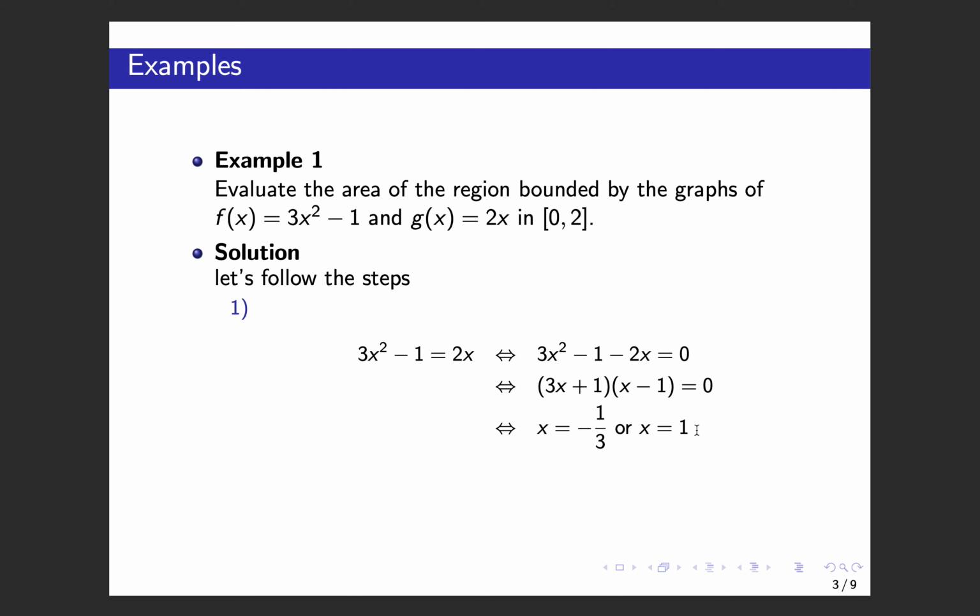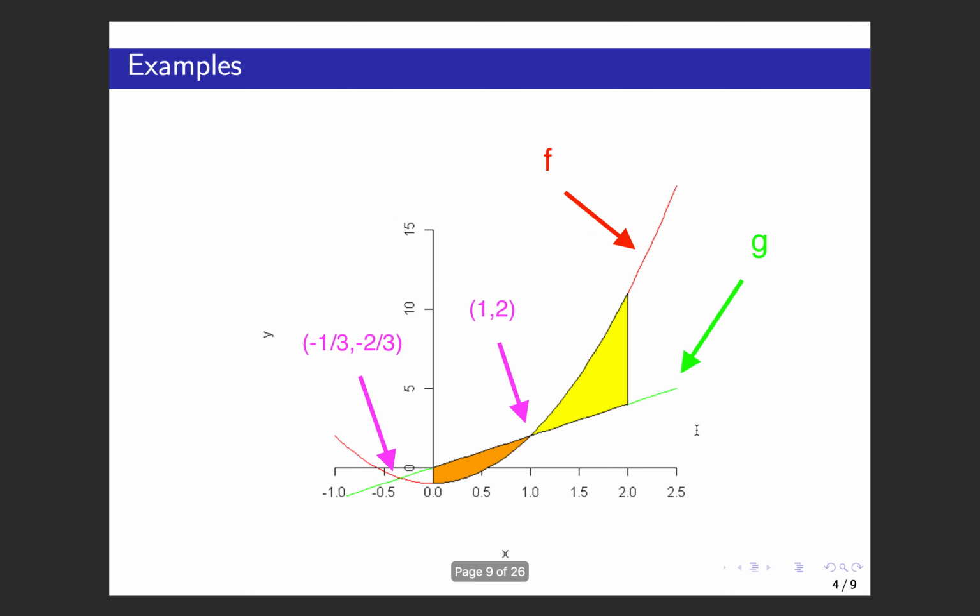Let's put all this in the graphs. This is the graph of the function f, and the green one is the graph of g, and their intersections are the points (minus 1 over 3, minus 2 over 3) and (1, 2). But the interval of integration is [0, 2], so the first point will be ignored.